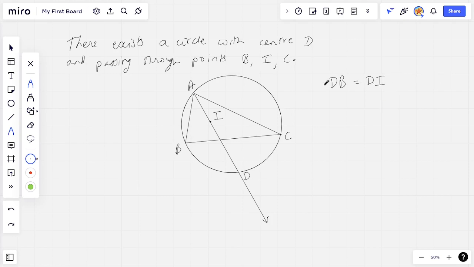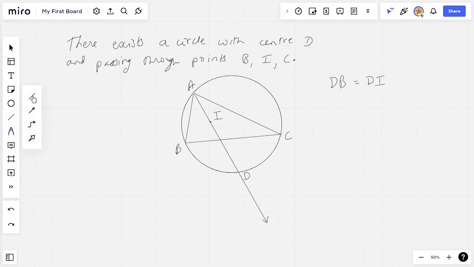It will be sufficient to prove this, which will conclude the proof of the theorem. So let me show that DB is indeed equal to DI in the following manner.